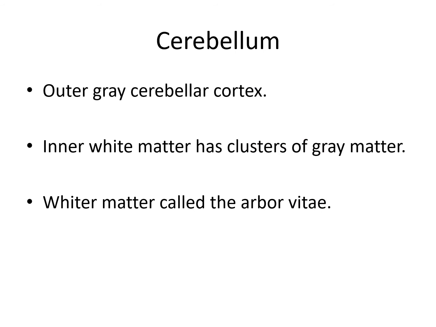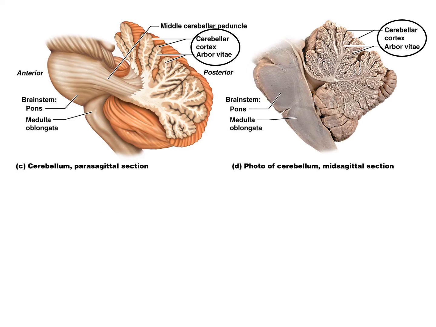Now, much like the cerebrum, the cerebellum has an outer gray cerebellar cortex, and the inner white matter is internal to the gray matter. It does have clusters of gray matter within it, and the white matter forms a tree-like structure that's given the name the arbor vitae.